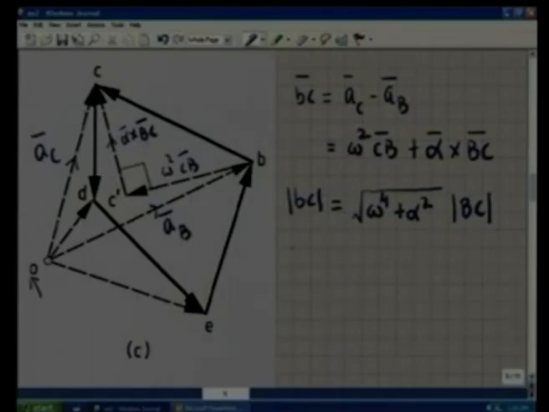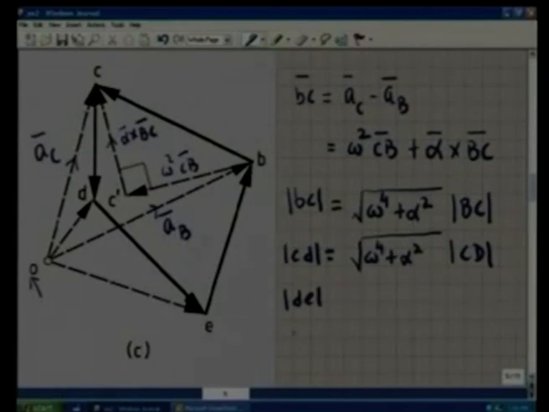The same way, exactly in a similar way, we can prove that the magnitude of CD will be square root of omega to the power 4 plus alpha squared into magnitude of the vector capital CD. And this will be true for the other two vectors, namely DE and EB; they are also multiplied by the same factor and the corresponding capital letters DE, EB.